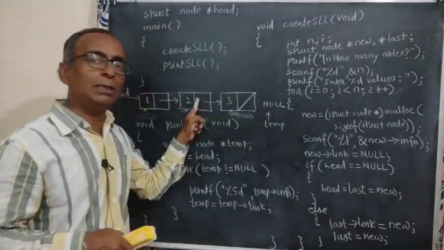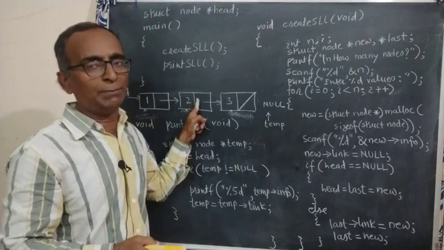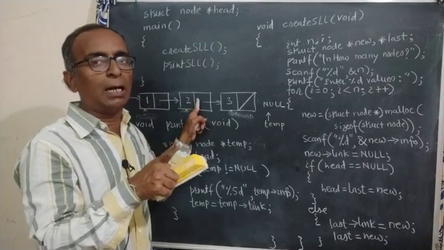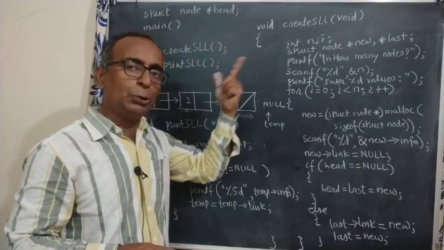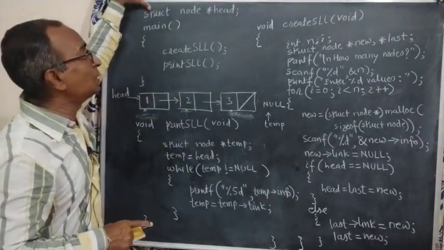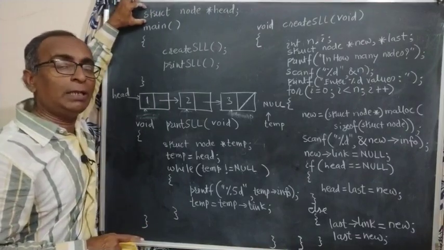The second field of a node is a pointer variable to itself. We have seen self-referential structures. So the second member will be struct node star, and the identifier we are using is link. That is the declaration. After declaring the structure, you take head as a global variable.